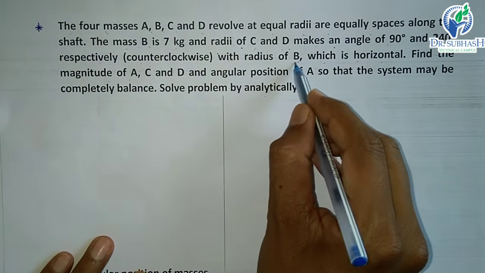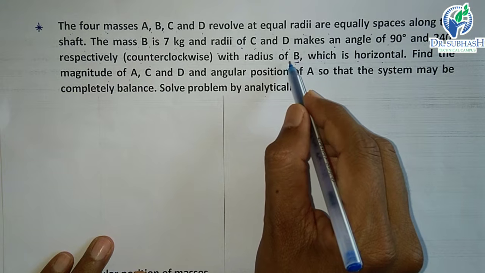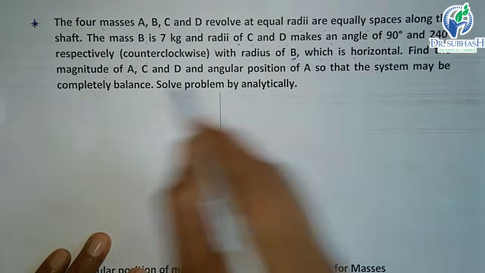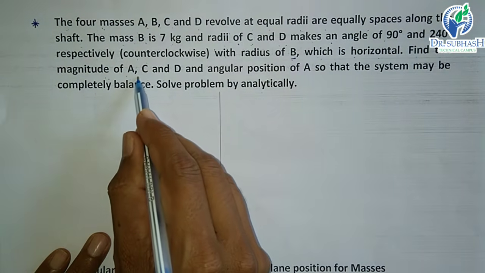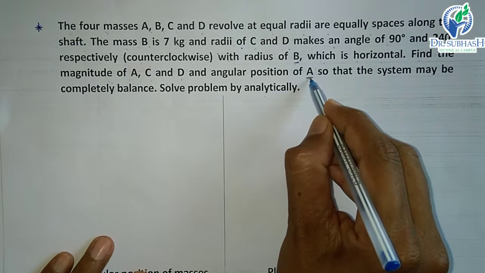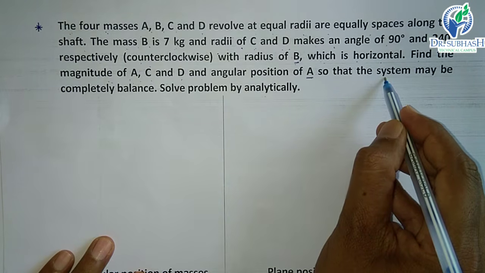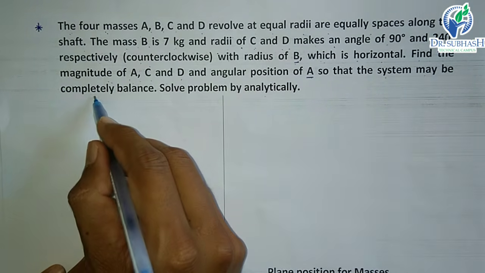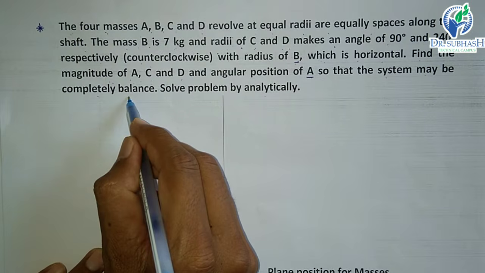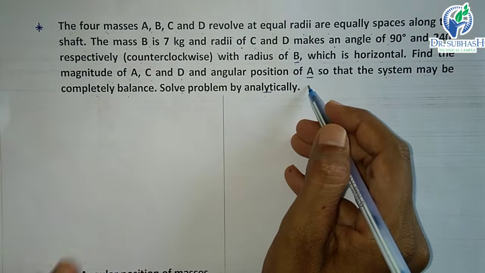That means here the mass B is given in a horizontal direction. Find the magnitudes of masses A, C and D and the angular position of mass A so that the system is completely balanced. Solve the problem by the analytical method.